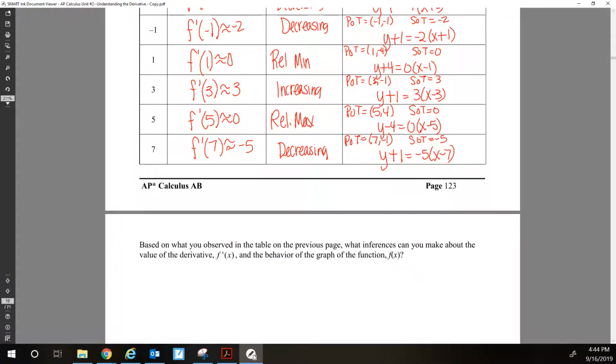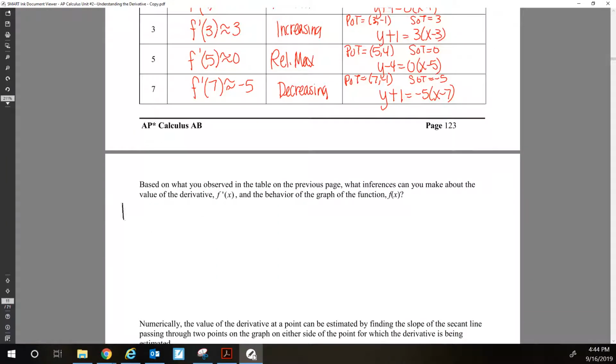We said if the derivative at A is greater than 0, so it's positive, then the graph of f of x is increasing at f of A. All right.